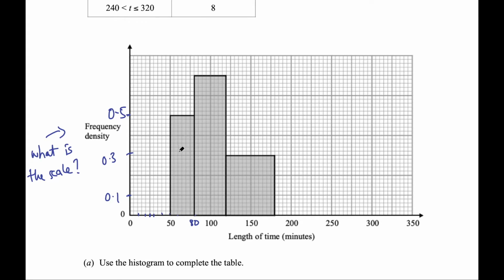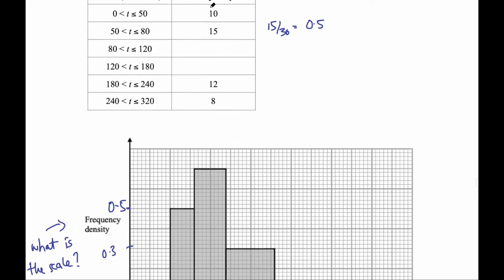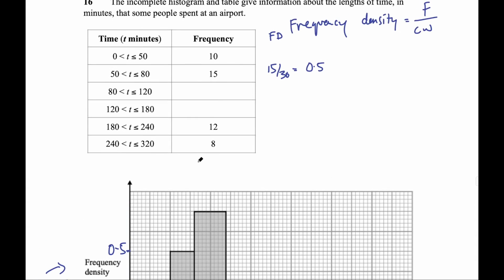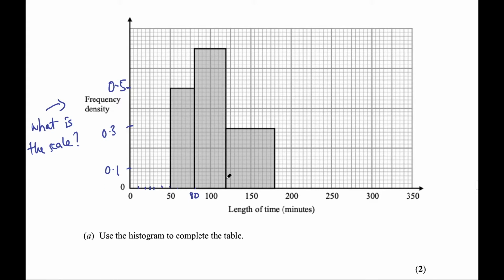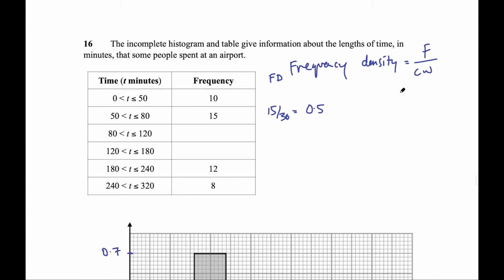And once we've got that scale, we can work out the rest. So for 80 to 120, the frequency density there would be 0.6, 0.7. So now we can also use this formula to work out the frequency. So the frequency is the frequency density times the class width.